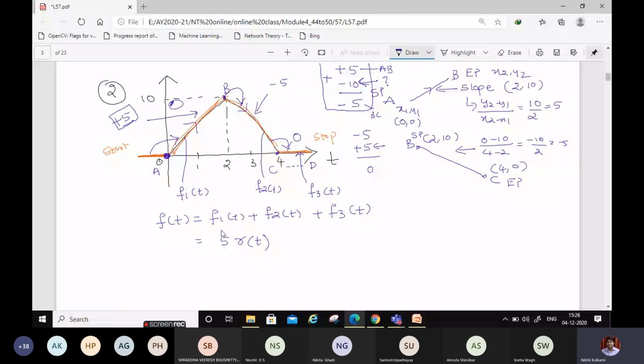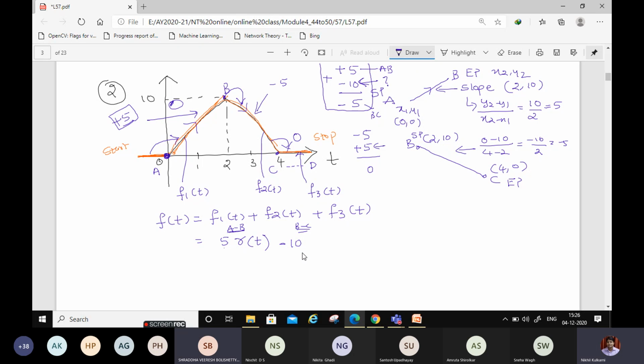That is A to B. Now for B to C, how much slope should we get? Minus 5. Already we have 5. So to get from plus 5 to minus 5, how much do we have to add? Minus 10. This point is very important. Is that clear now?